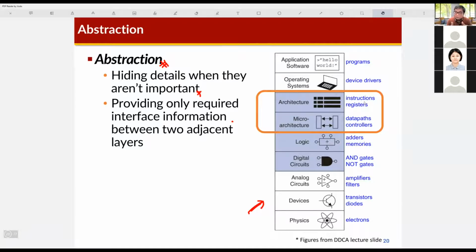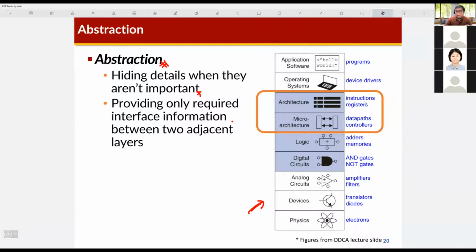Also, we need to know about semiconductor properties, semiconductor device knowledge, analog circuit design, also digital circuit design, logic design, microarchitecture, and so on.